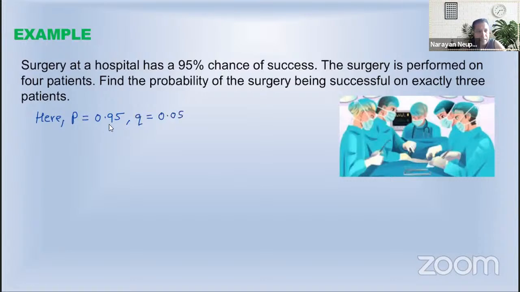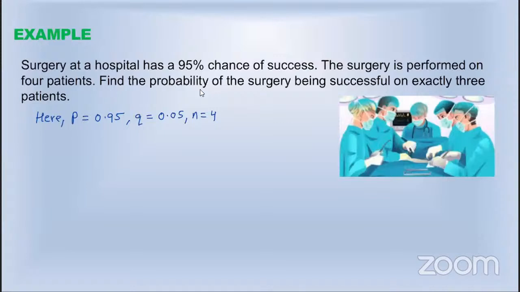Probability of success is 95%, so probability of failure will be 5%. Now, surgery is performed on 4 patients, n equal to 4.